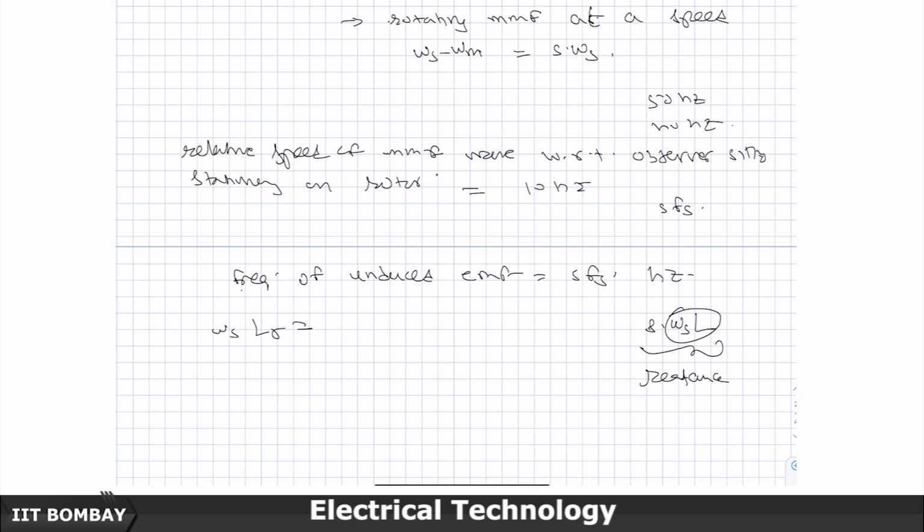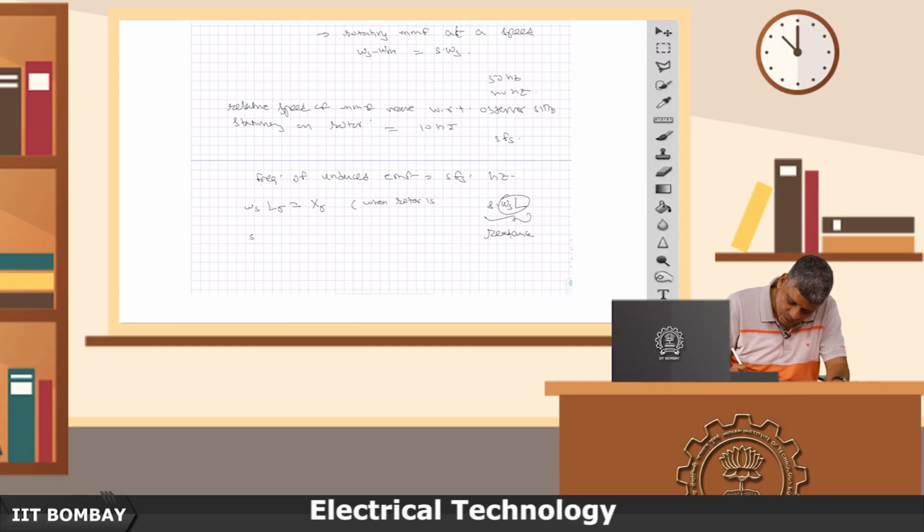You are seeing a preamble of, in some sense, what is going to come. So if I call this the rotor reactance X R, then this is when the rotor is stationary. Then when the rotor is rotating at speed omega m, the reactance would be the rotor reactance.